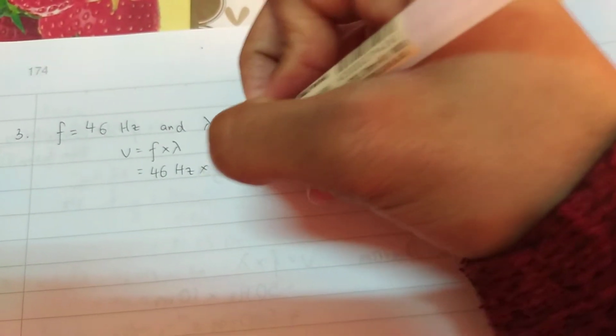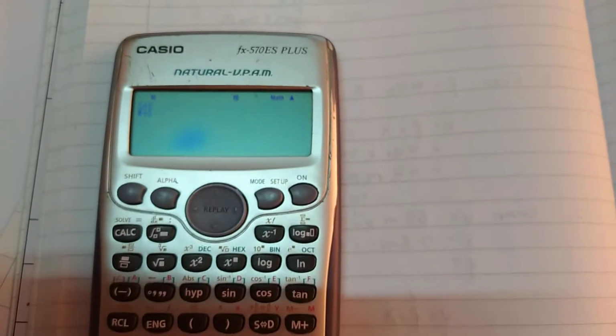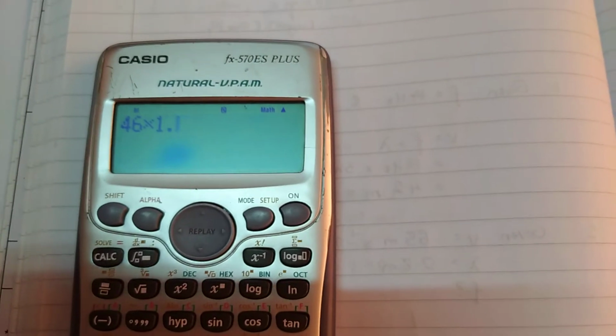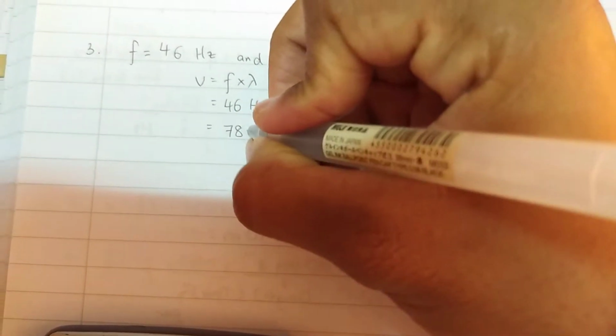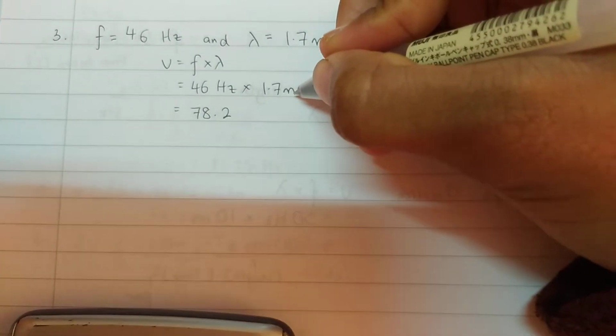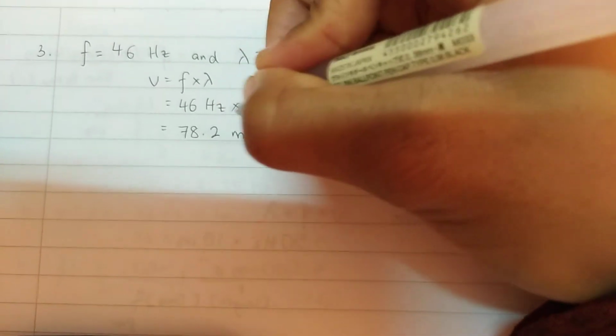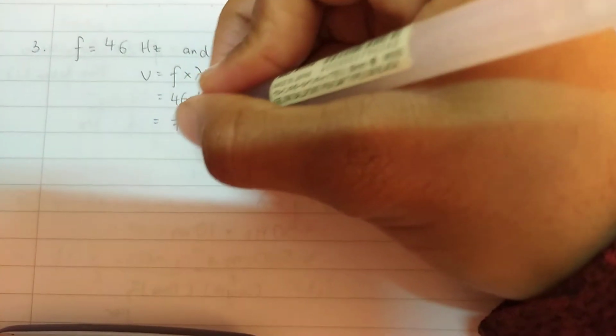Lambda is 1.7 meters. Then 46 times 1.7 is 78.2. Length unit is meter. Time unit is per second. This is your speed of the wave for question 3.